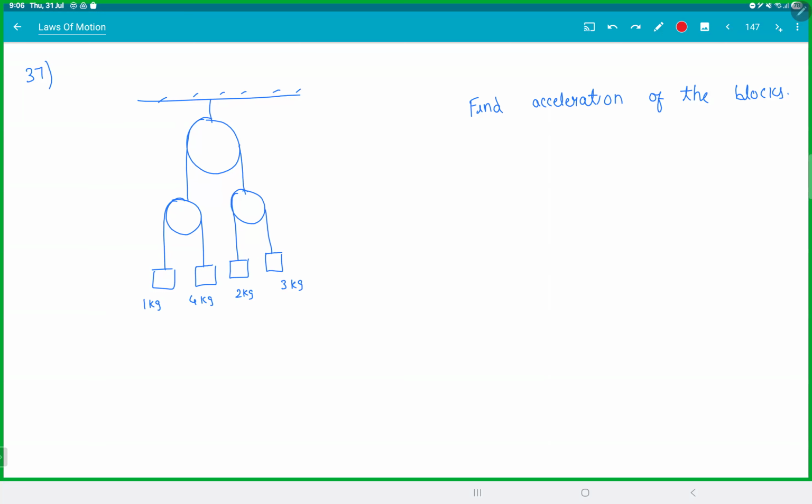G by 5, 3G by 5. Ishman, see, that's a blunder. You can just see and tell it's a blunder. Why? Imagine if there are no strings connected and you leave the block, it will fall with what? G. So you can't have an acceleration greater than G, isn't it?